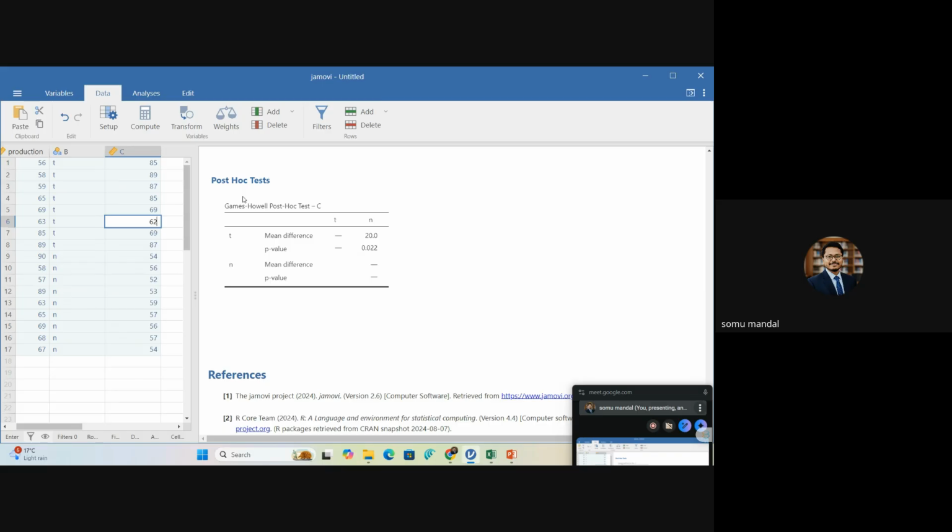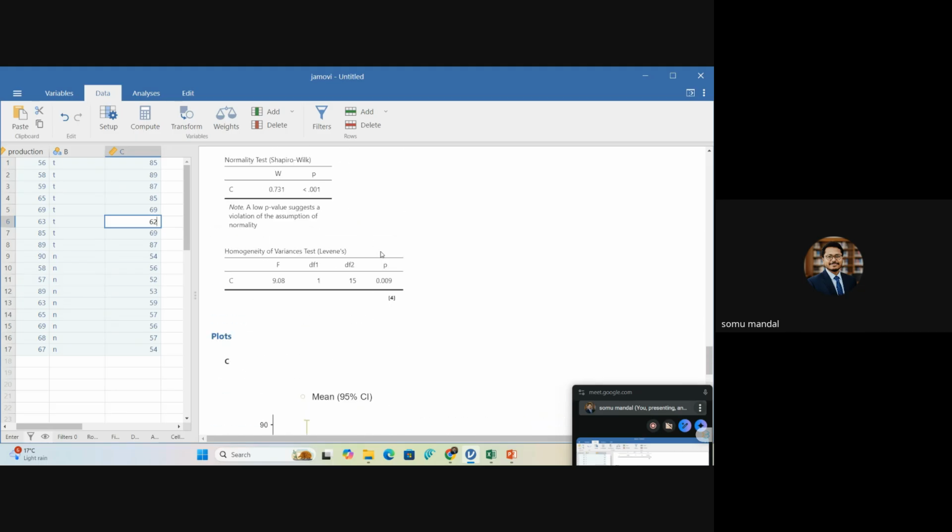So that's why the post hoc test indicates the mean difference between the two groups is 20, and the p value is 0.022, which is less than 0.05. That indicates yes, there is a significant mean difference between the groups.